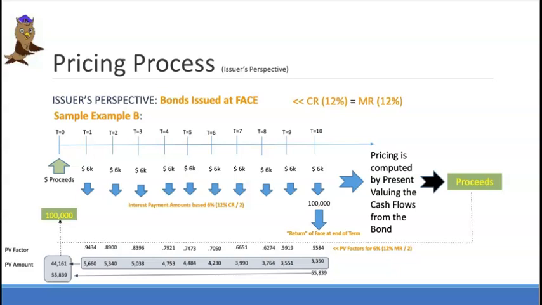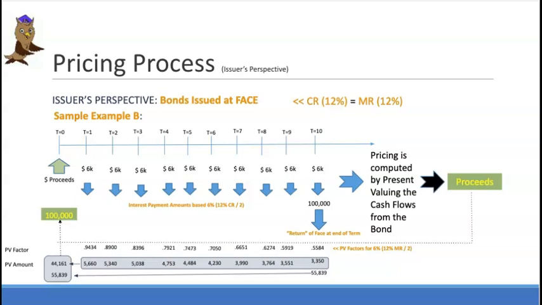This results in $6,000 per period every 6 months. There are 10 interest payments, or cash flows, from t equals 1 through t equals 10, with an additional cash flow representing the return of the loan or face amount of $100,000 at t equals 10.